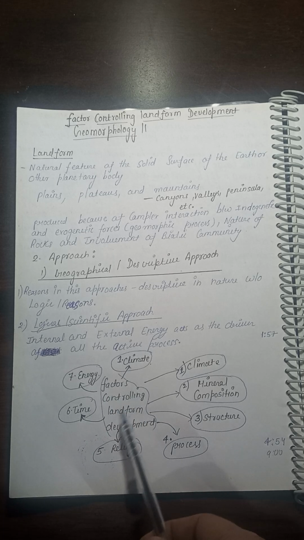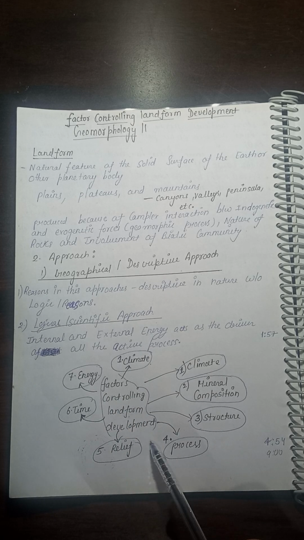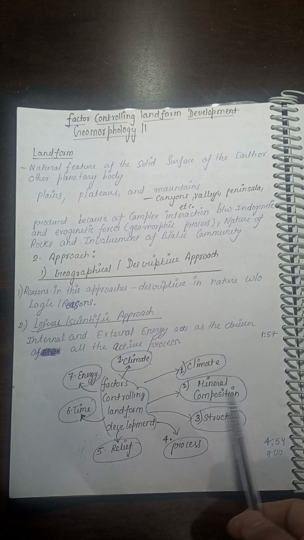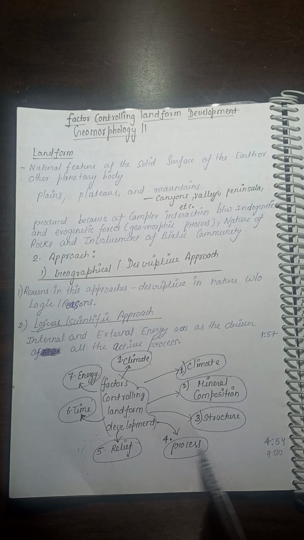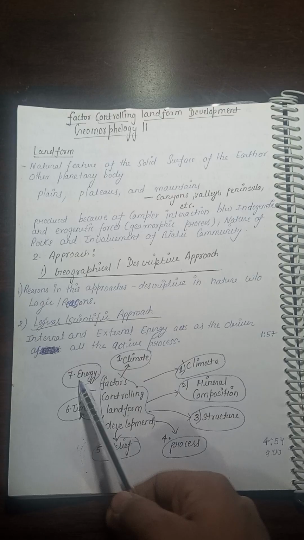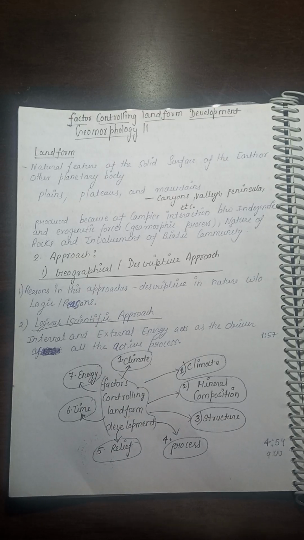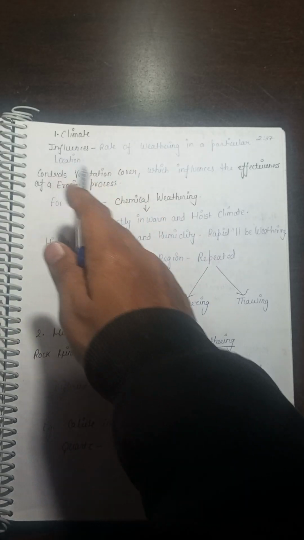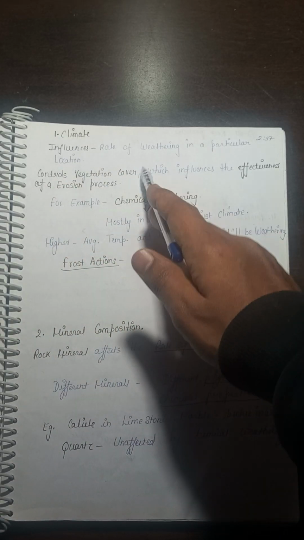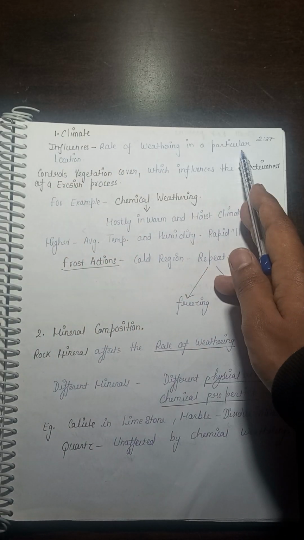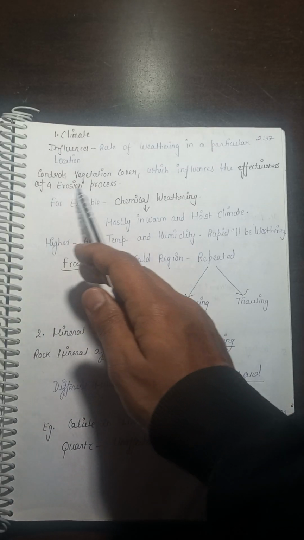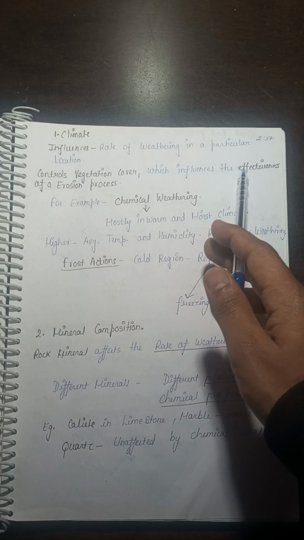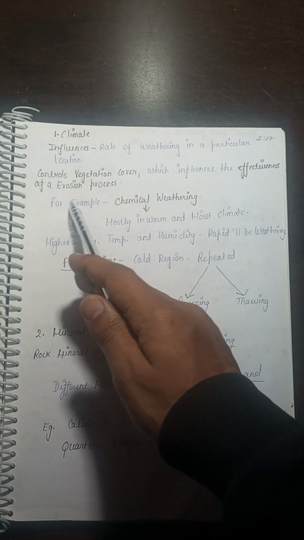Factors controlling landform development: climate, mineral composition, structure, process, relief, time, energy. Climate influences the rate of weathering in a particular location and controls vegetation cover, which influences the effectiveness of the weathering process.